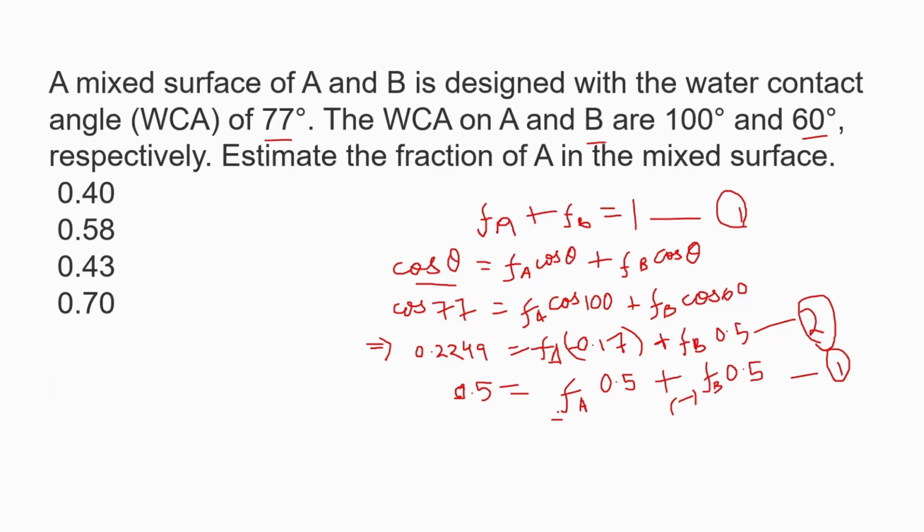This will give us minus 0.17 minus 0.5, which is minus 0.67 FA, and on the other side 0.2249 minus 0.5, which equals minus 0.2751.